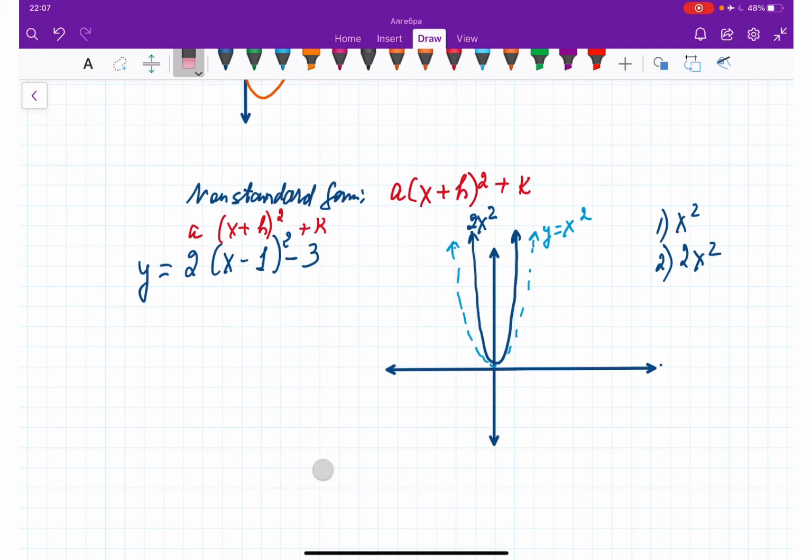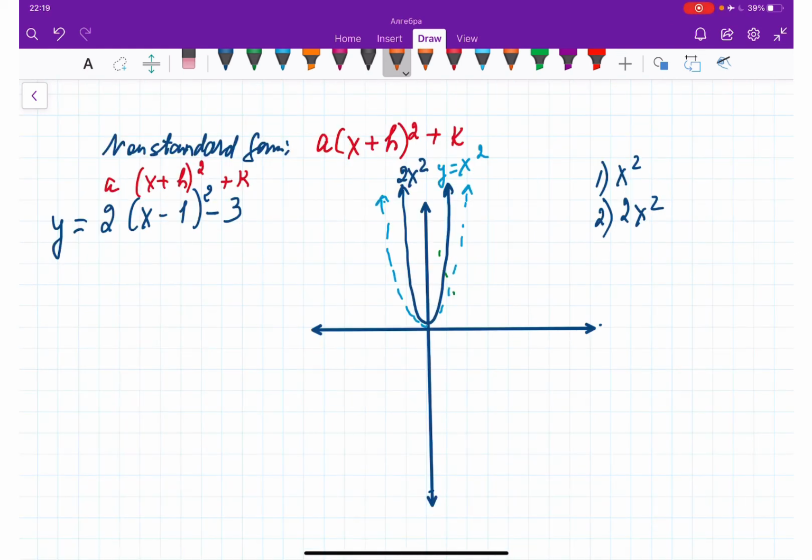So this 2x squared, I'm moving to the right by 1. Let's say this is my 1. I'm moving by 1. So this solid blue color, taking and moving by 1 to the right.